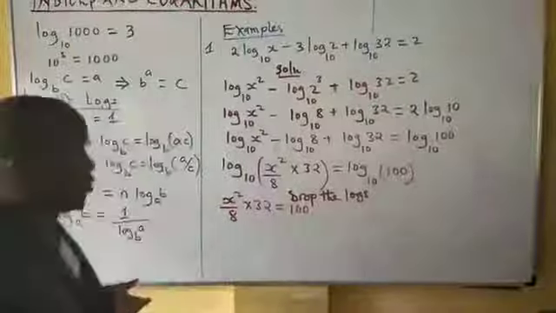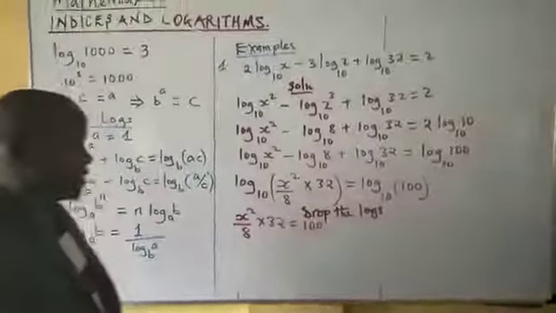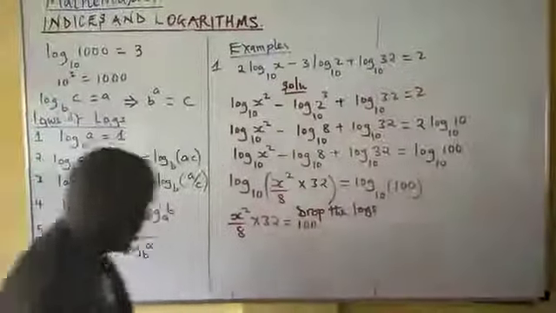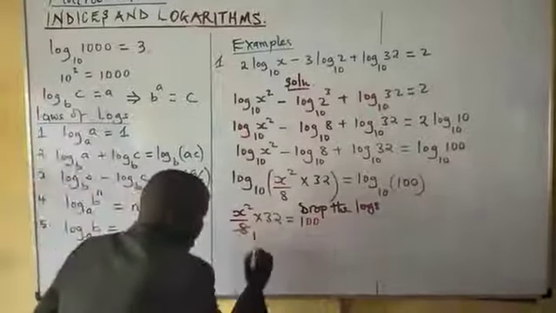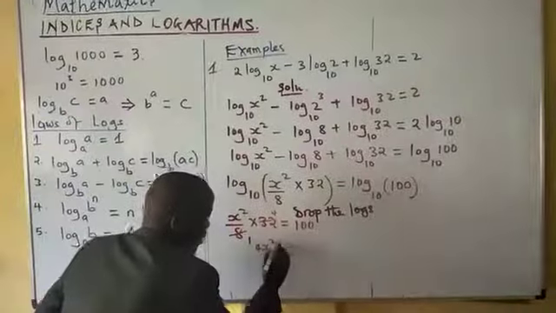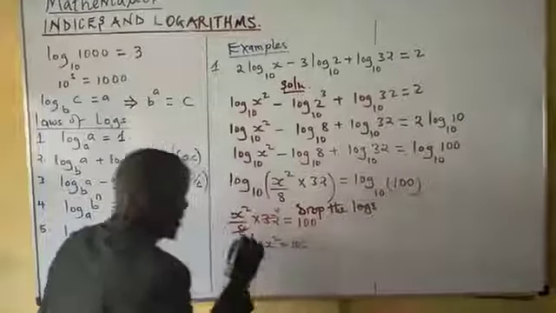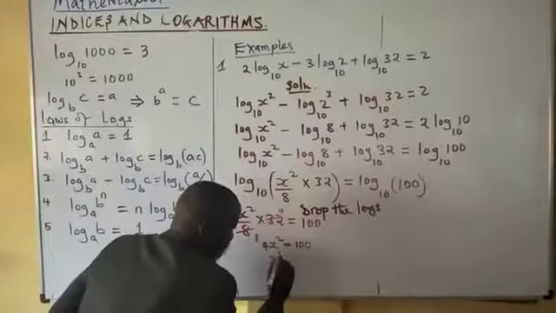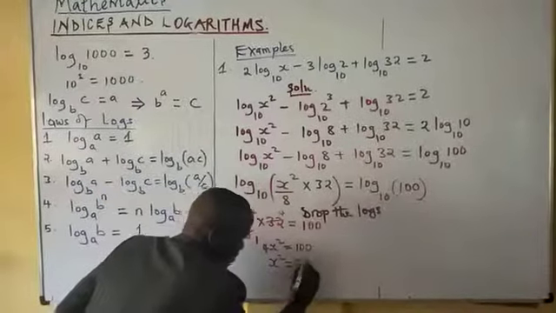So the log to base 10 is dropped now. And with that, we can simplify 8 into 32, 4 times. Therefore, 4x squared is equal to 100. This gives x squared is equal to 25.